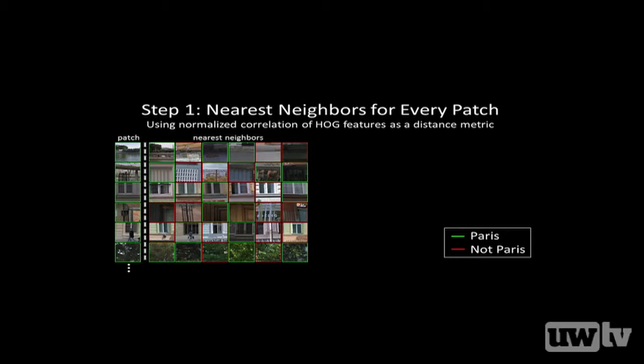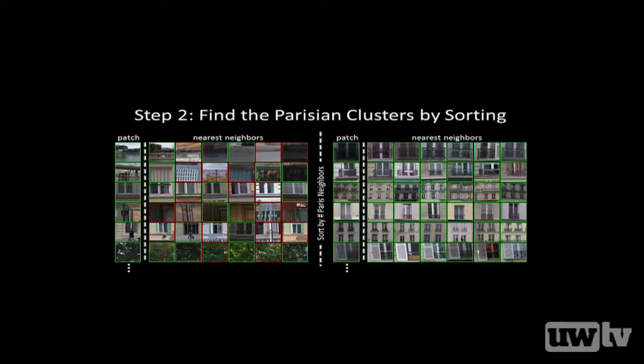We can resort these results by how often the nearest neighbors retrieve a result that's in Paris. A nice bonus is that visually the matches look much better than the nearest neighbor matches here.